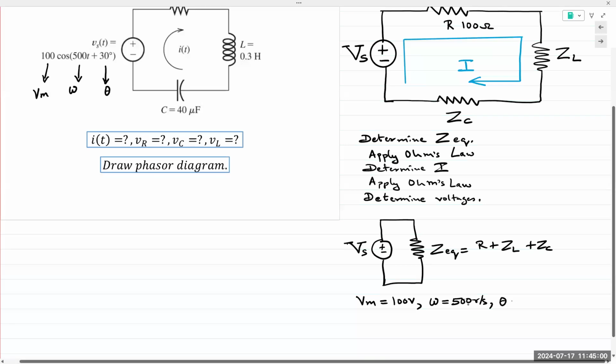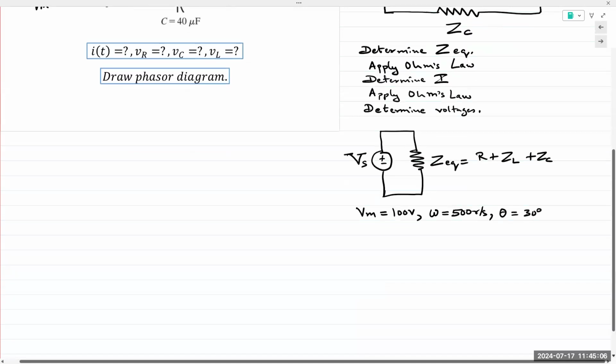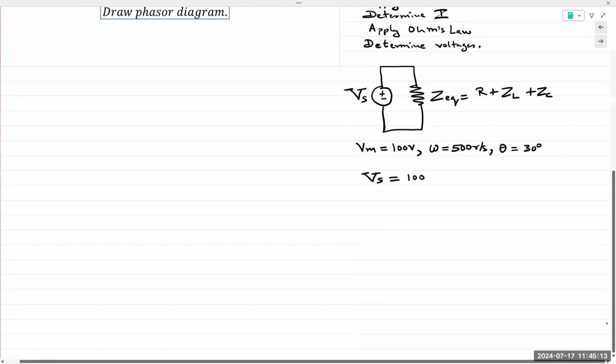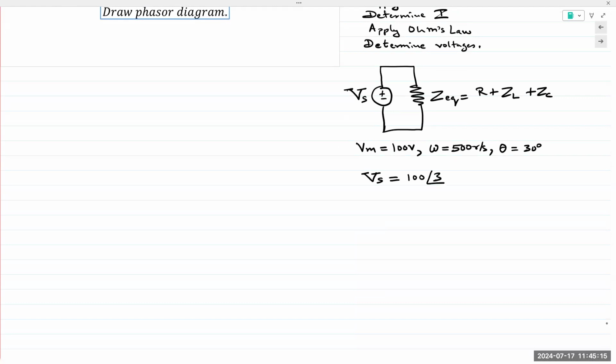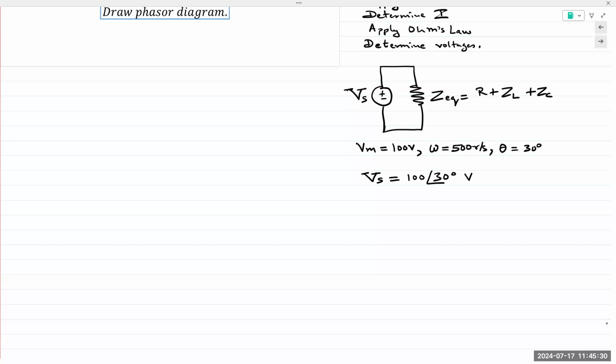And theta, phase angle, is 30 degrees. I'll write out the phasor for Vs: magnitude of 100 volts, phase angle of 30 degrees, unit of volts. Okay. Let's see, how much time do we have left? 15 minutes, okay.